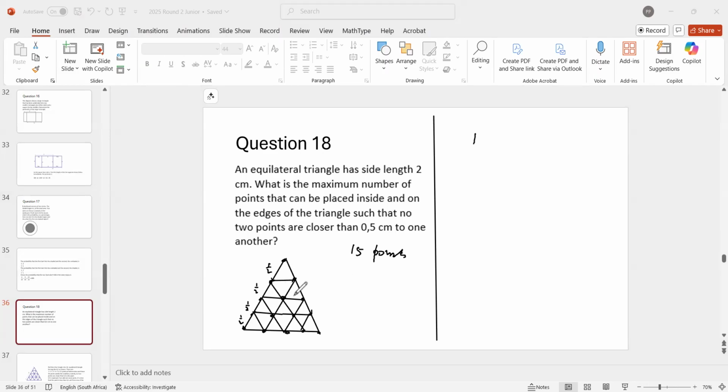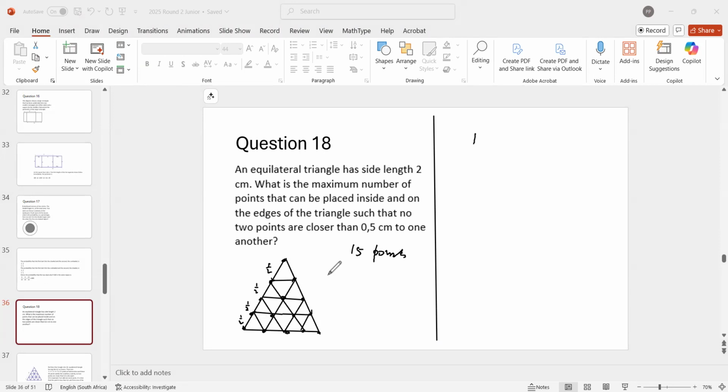But now, if I take one more point, I'll have to put this one point inside one of these. I've taken care of all the vertices. There are 15 points.